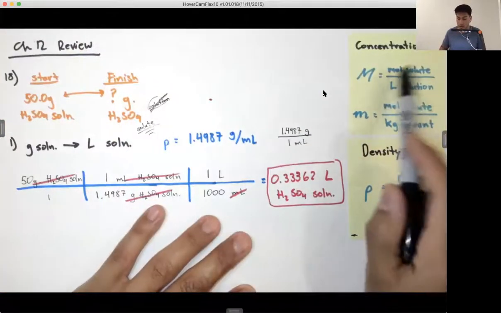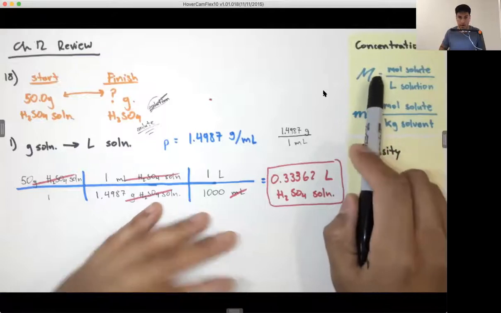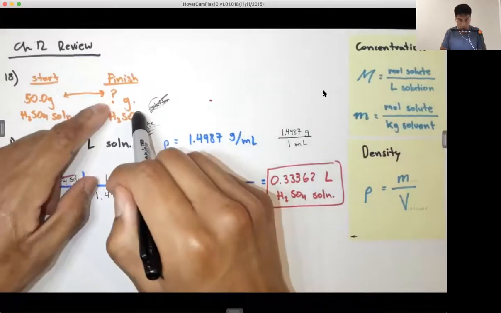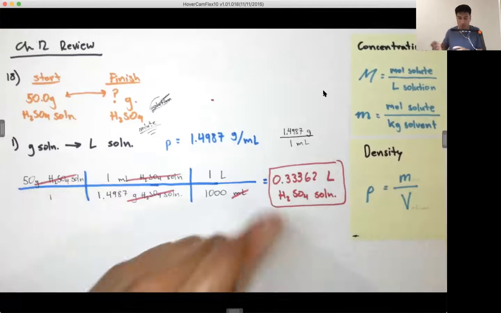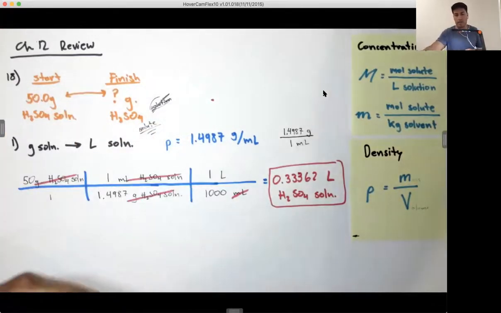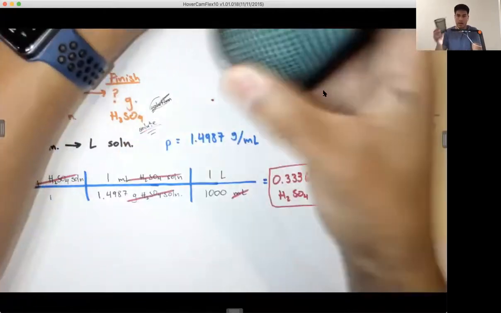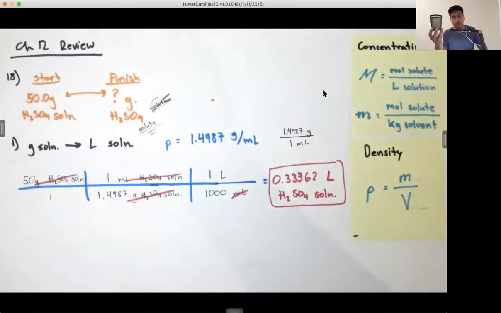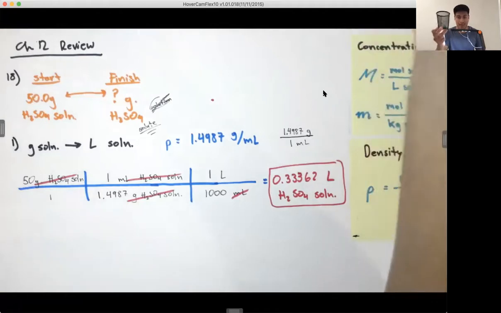For that, we're going to need to use molarity. We want to finish with the grams of H2SO4. Is there some way to measure it? Think about it. If I have a cup, and this cup is filled with H2SO4 solution, sulfuric acid solution, that means that sulfuric acid is dissolved in this cup.